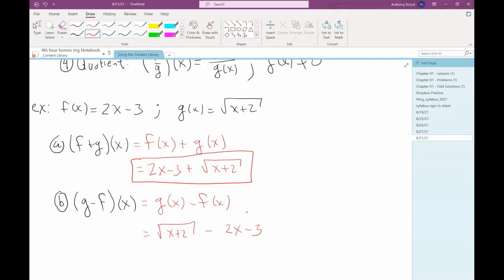Why? Yeah, but they're just the labels, right? If f minus g is f(x) minus g(x), then g minus f needs to be g(x) minus f(x), right? So that's not the issue.